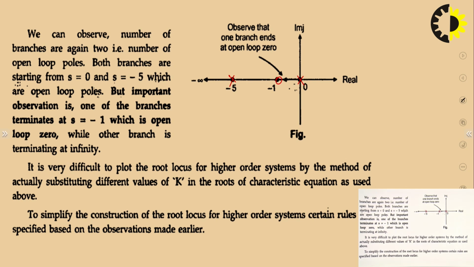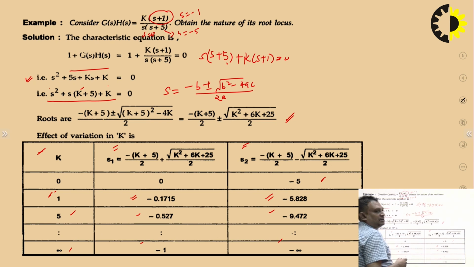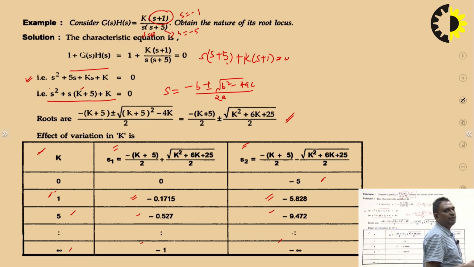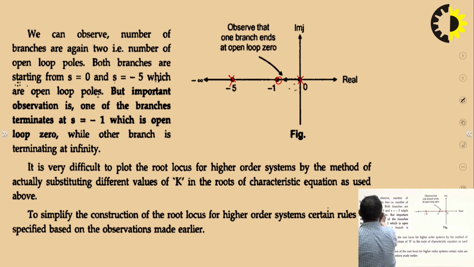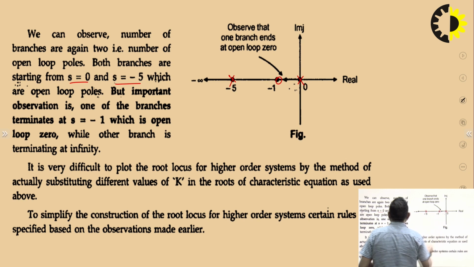If you see from here, we can observe the number of branches is again 2. When there are two roots which are moving, we have two branches, corresponding to each and every root. Both branches start from s equals 0 and s equals minus 5. One root will start from here, another root will start from here.